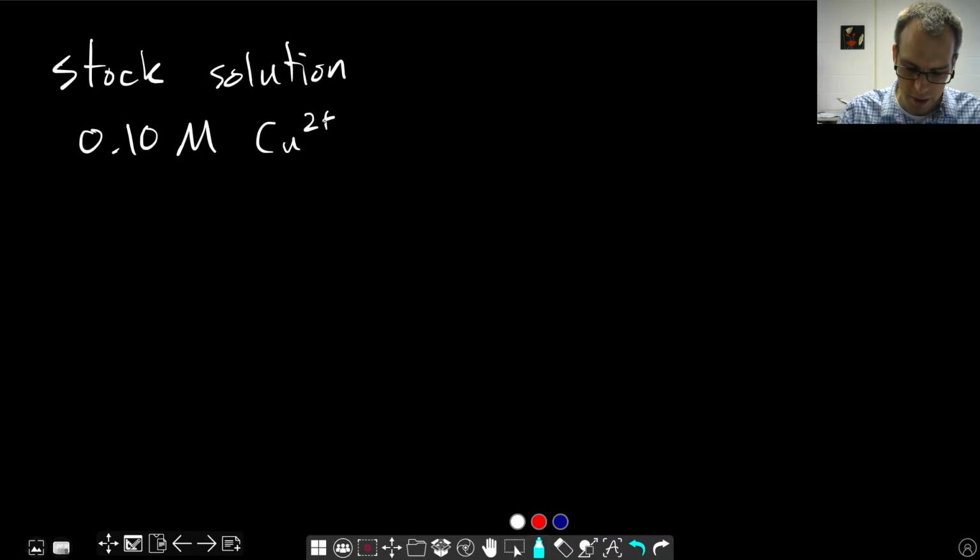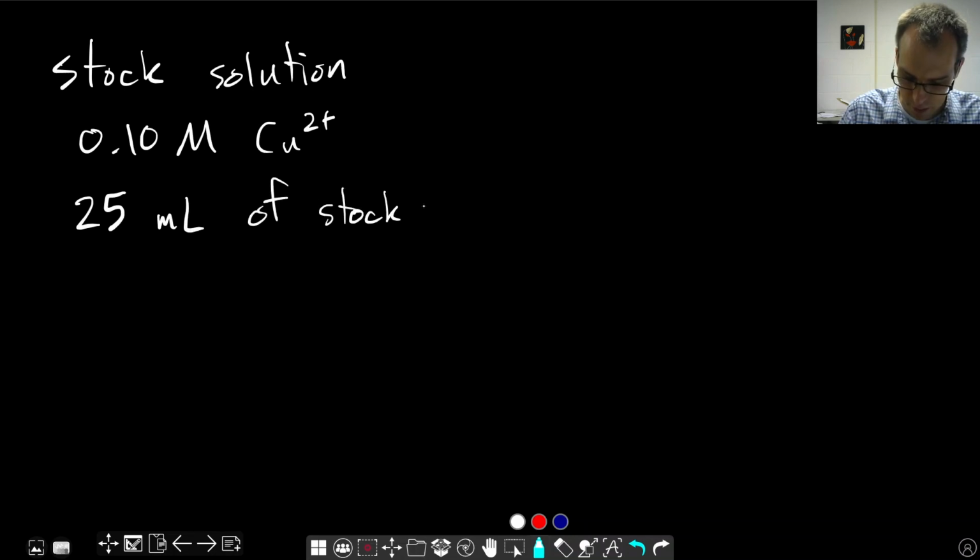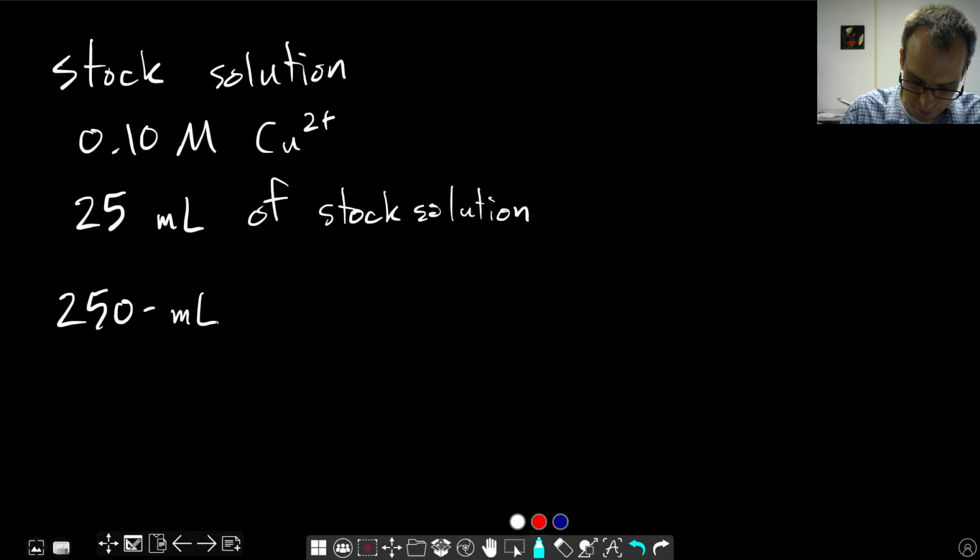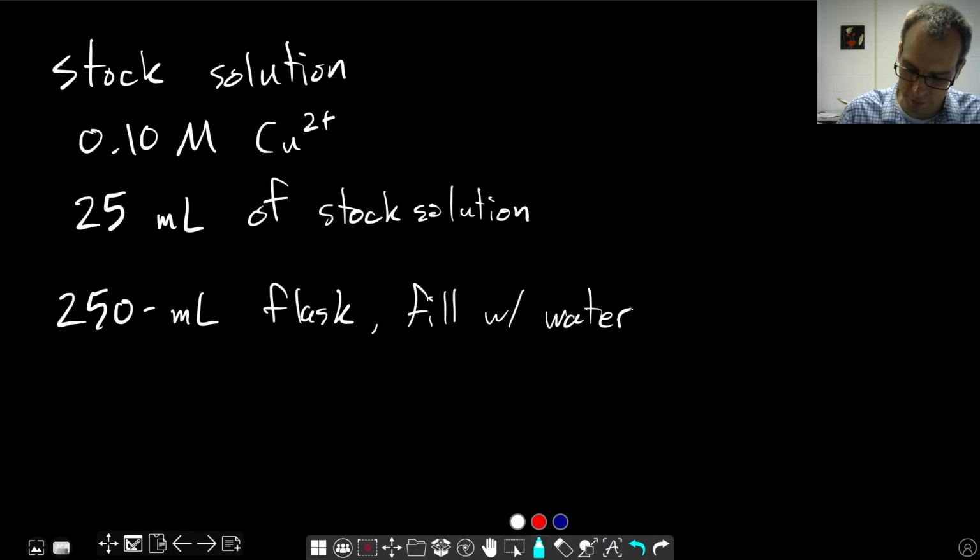And let's say that we take out 25 milliliters of that stock solution. If I then add that to a 250 milliliter flask and fill it all the way up with water, what is the concentration at the end of this?